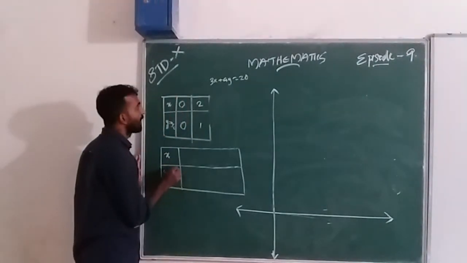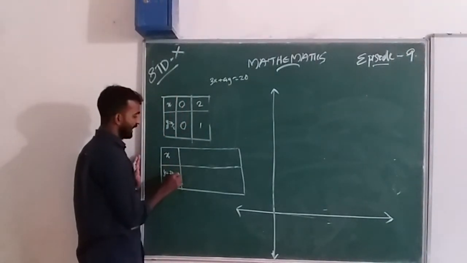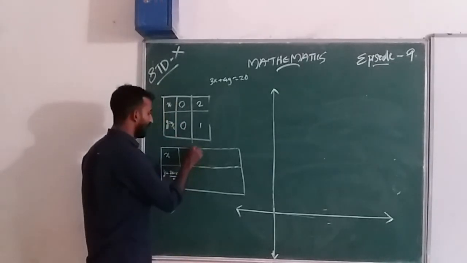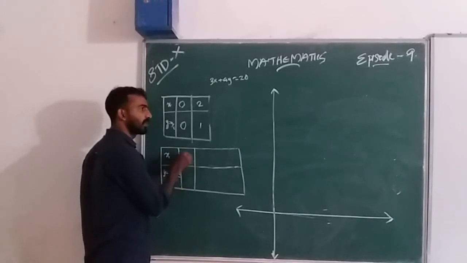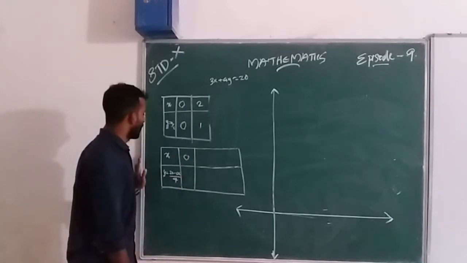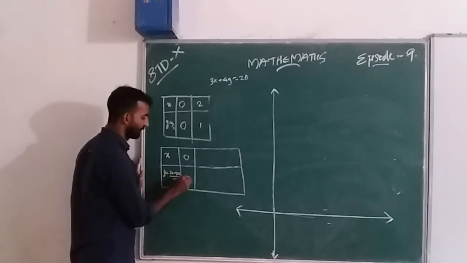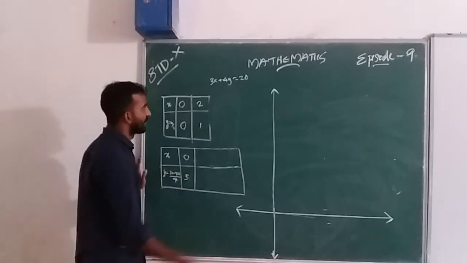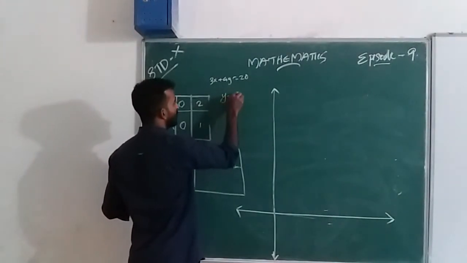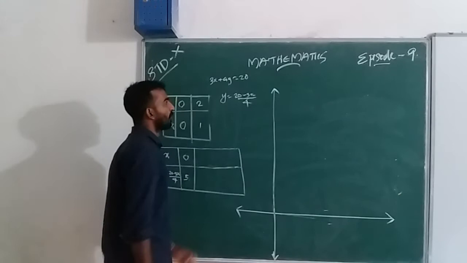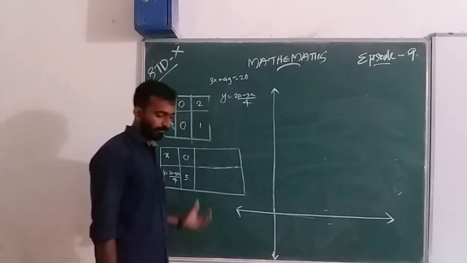When we put the point 0, we get 5. That is, y equal to 20 minus 3x by 4. When x equal to 0, we get 5.